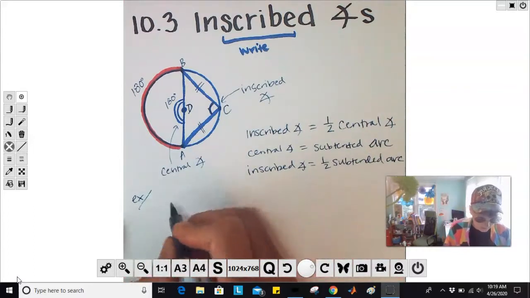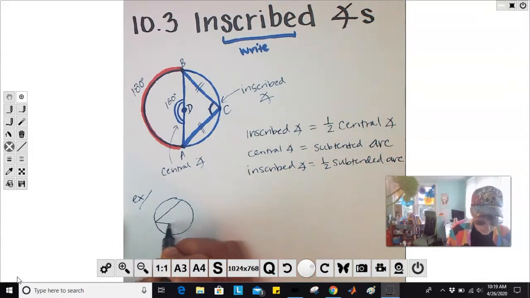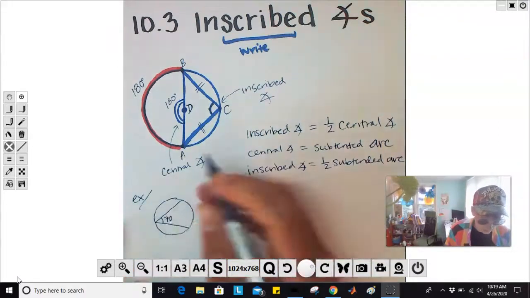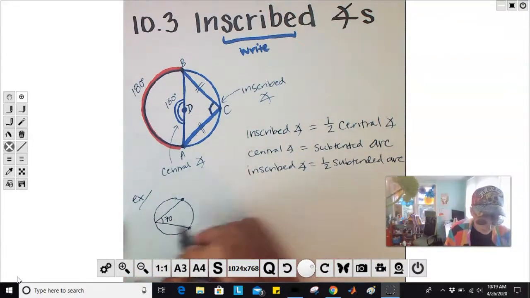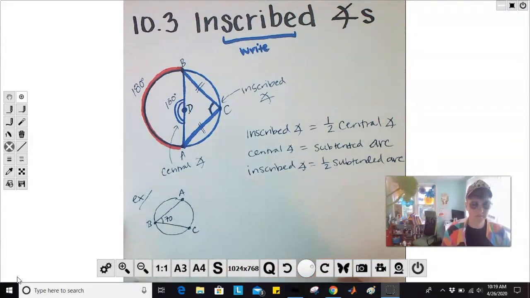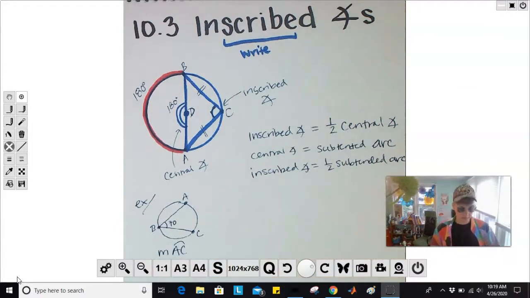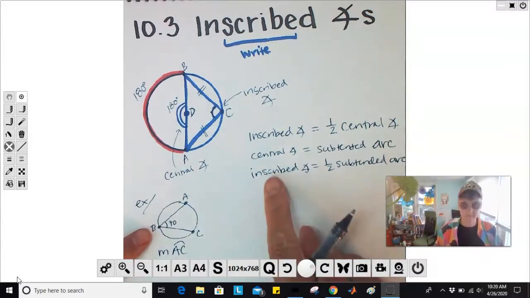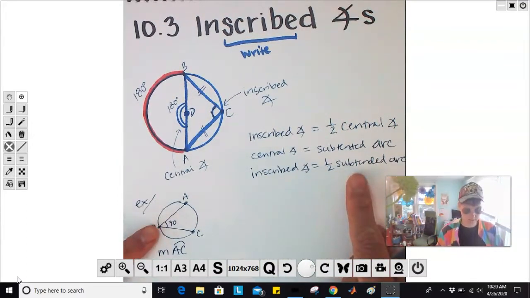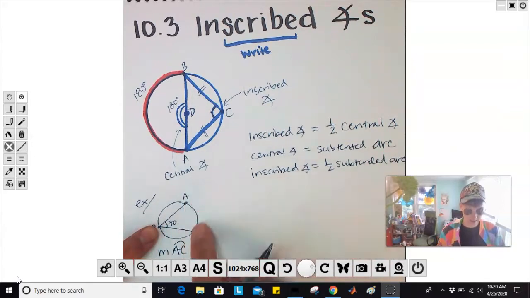So let's say we've got a circle. We've got some inscribed angle here that is 70 degrees. Let's give these some names here, A and B and C. So we're going to find the measure of arc AC. Well, our inscribed angle is half of that arc, so 70 degrees is half of AC.